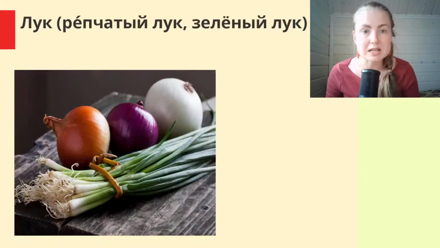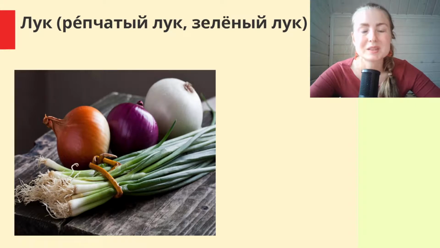Okay, next word is лук. Лук means onion. Here in brackets I wrote two types of onions. The first kind is репчатый лук. And зеленый лук.